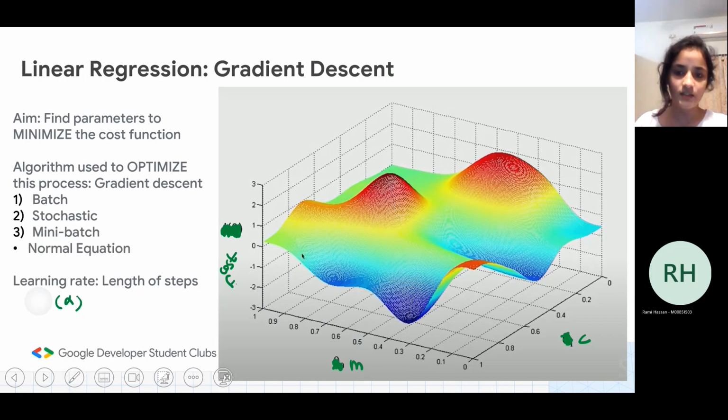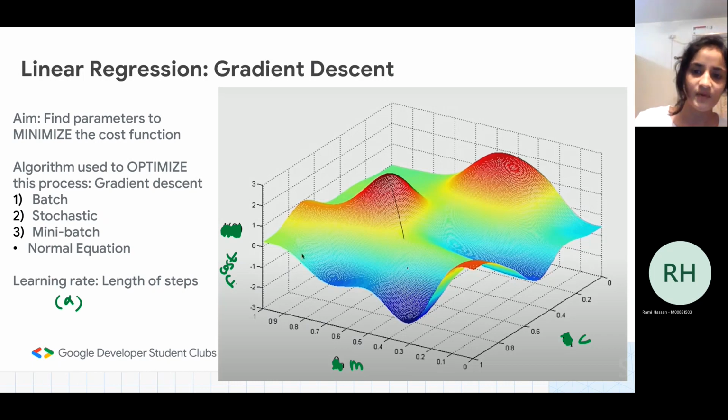Now you might think, why are we taking such tiny steps? If we could just jump here, or take two big steps, we'd reach it quicker. So what happens if we take a big step? Let me show you. Suppose I take this length of a step. I did it once, I did it twice.